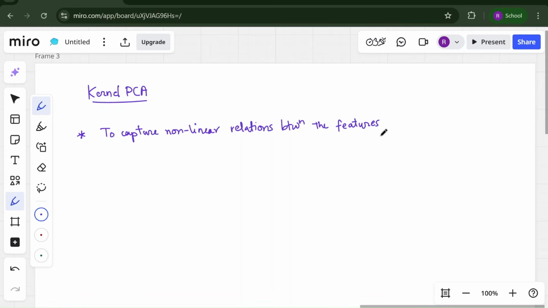And this is not just about PCA. For a lot of algorithms, we use kernels. Kernels are used to capture non-linear relations. Even in deep learning, even in neural networks, you use kernels, and that is again having the same purpose, which is to capture non-linear relations.